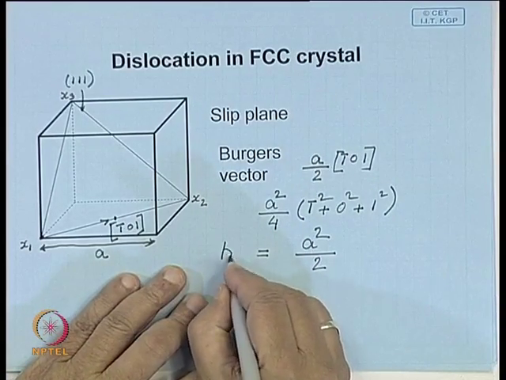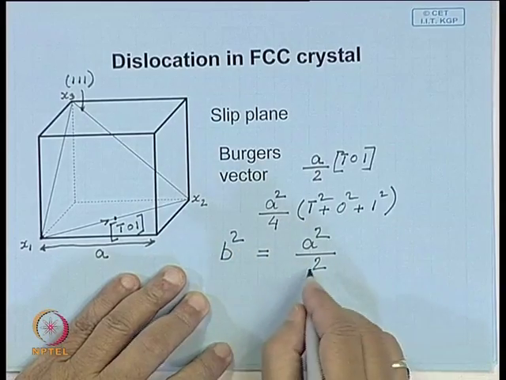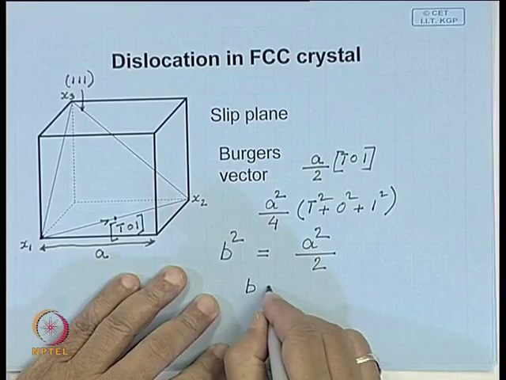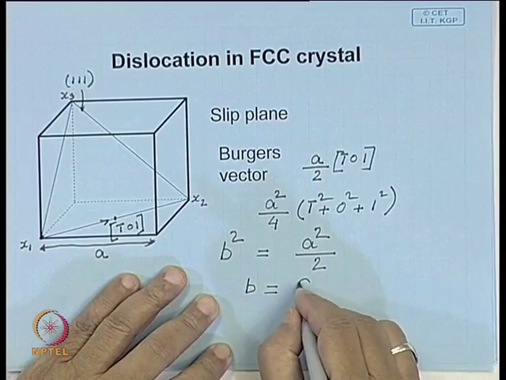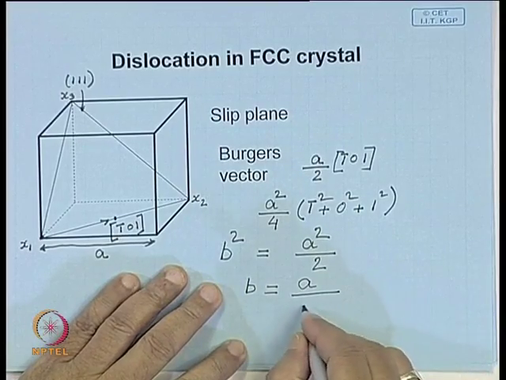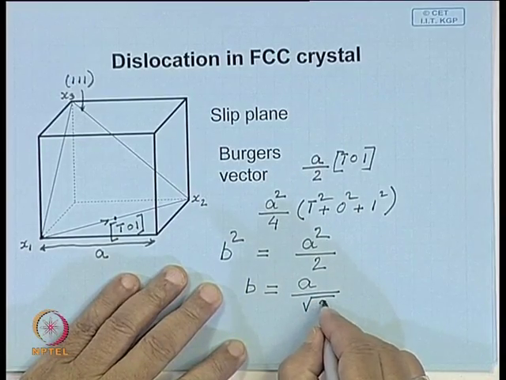So, this is B square. Therefore, B is A over root 2.